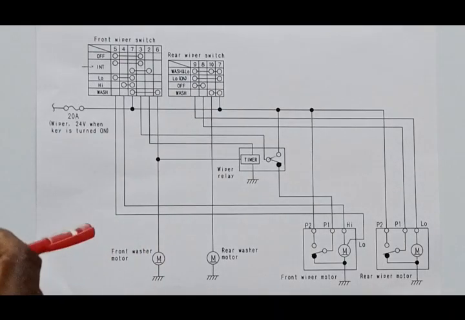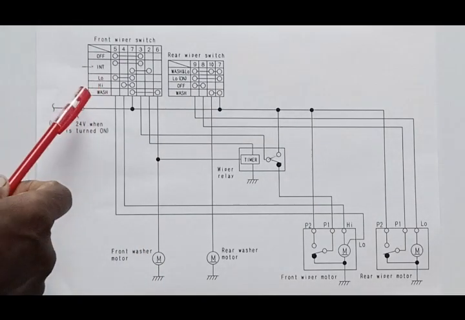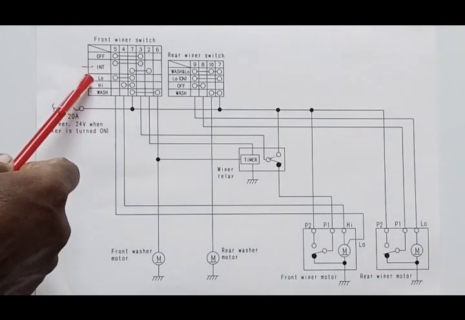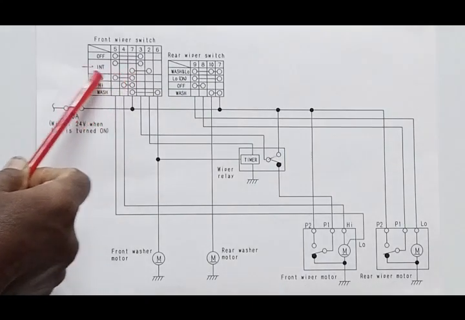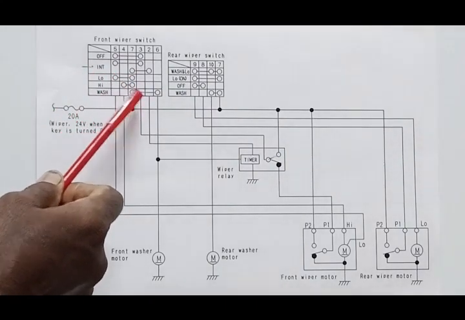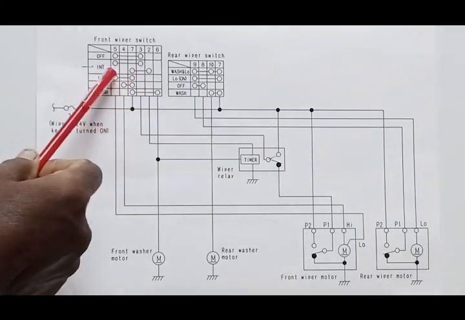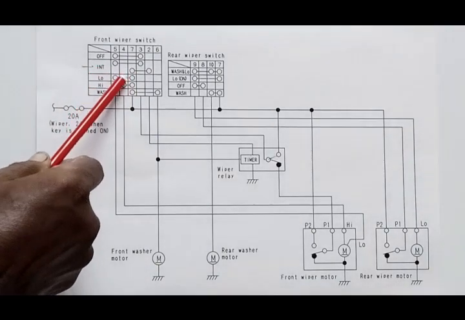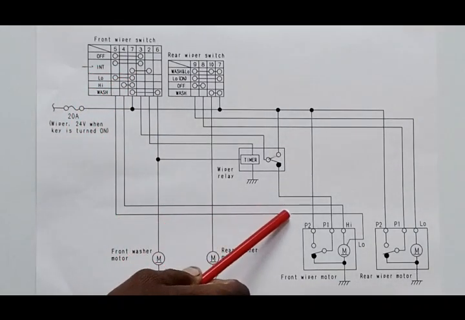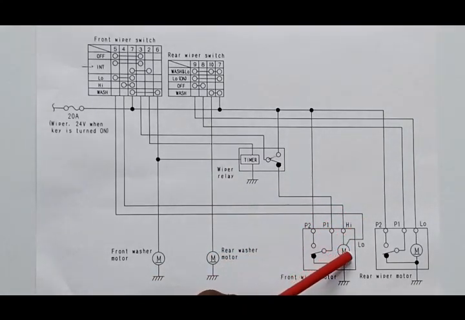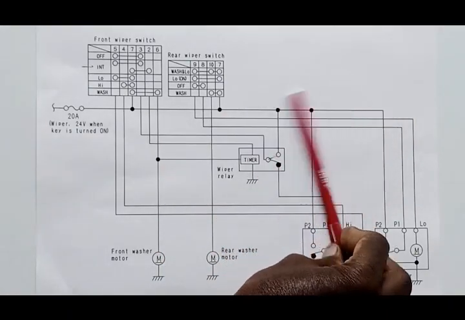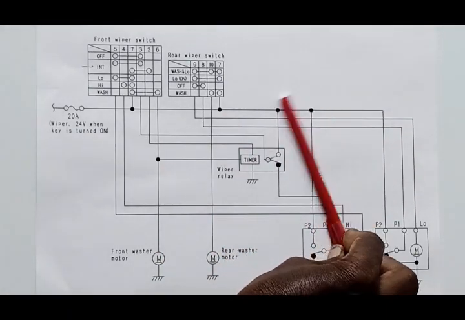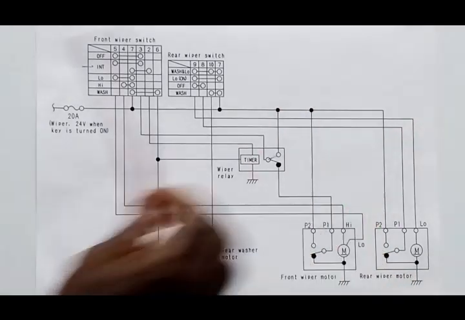Same as when we put our switch in the low position, power from here flows to here, and our wiper motor starts and works slowly, continuing to work as long as we do not stop the switch.